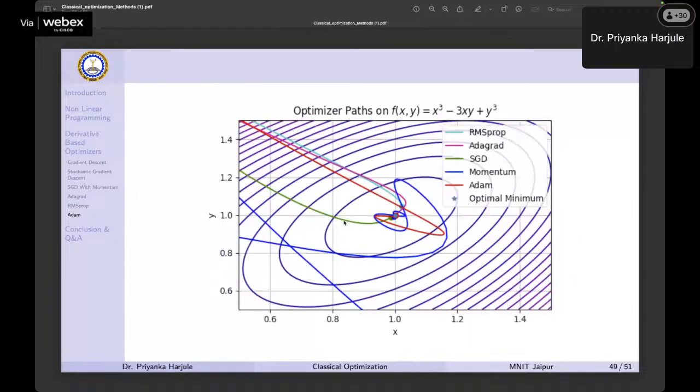If we look at the zoomed picture of these optimizers, you see that SGD with momentum, the blue line, is kind of overshooting the minimum and then coming back and converging to the minimum.